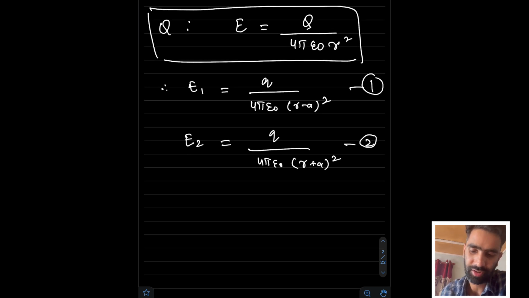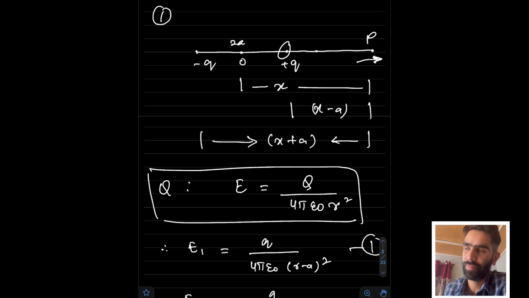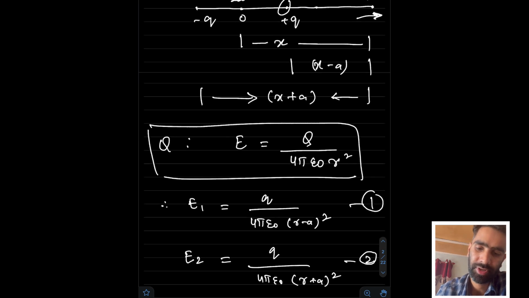So to calculate the net electric field, we will also see what the direction is. Since for calculating the electric field we consider a positive test charge at the point of observation, due to plus q there will be a repulsive force. So the direction of the electric field E1 will be away from point P, and due to minus q it will be towards minus q.